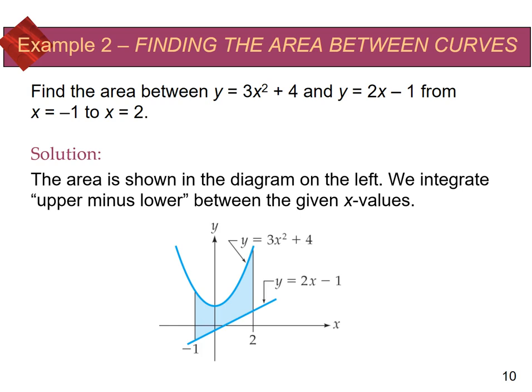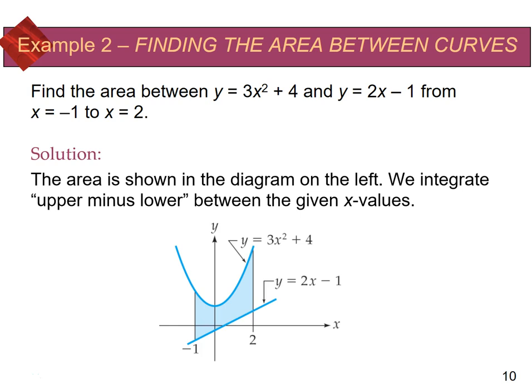So the upper function and the lower function are very clearly stated between the values of -1 and 2. If they did intersect, though, there could be a change in positions between which one's upper and which one's lower, and you need to know that, and you need to know where it happens. So having an idea of what the graphs look like is important for that matter.